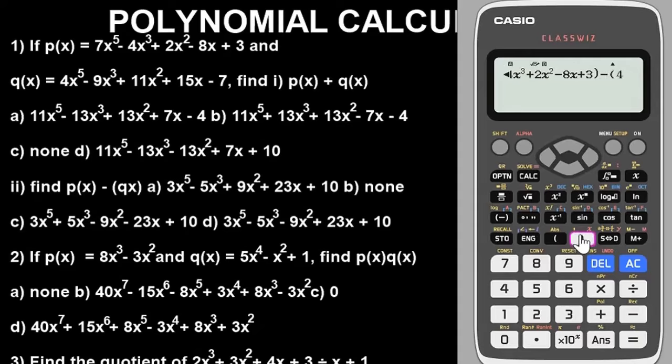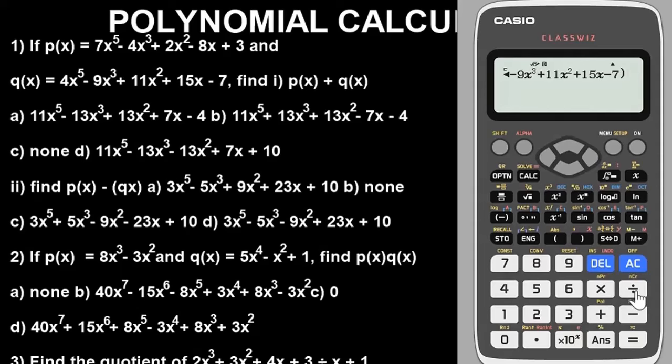4x raised to the power 5, minus 9x cubed, plus 11x alpha x squared, that is correct here, plus 15x, minus 7, close the brackets.